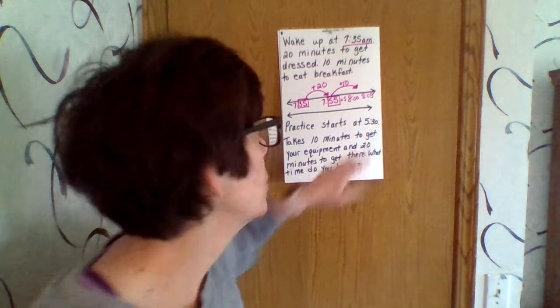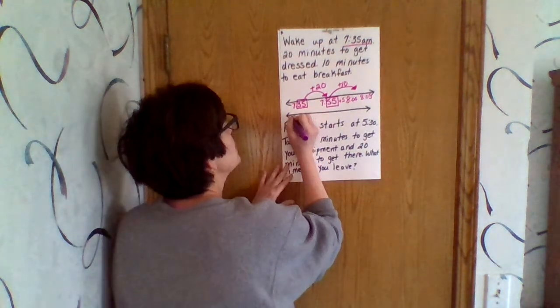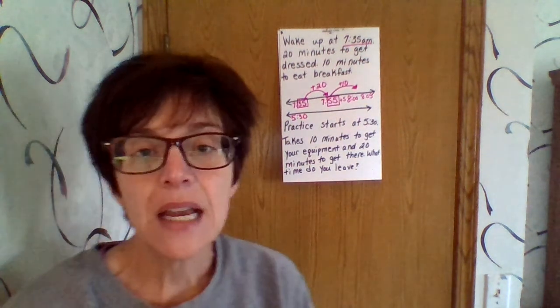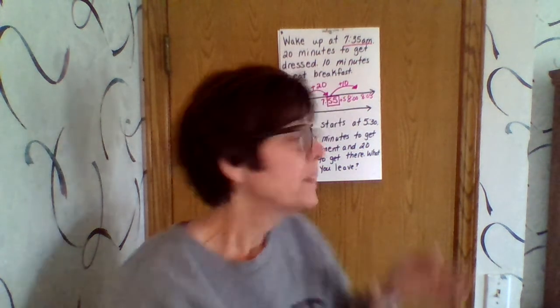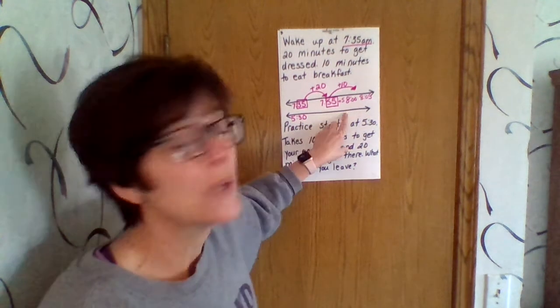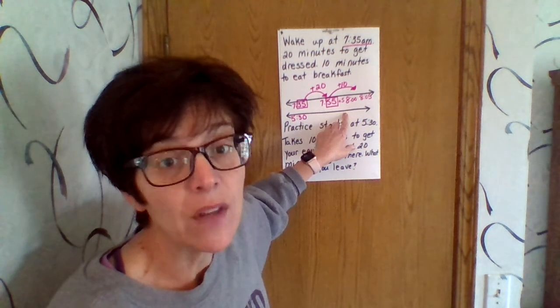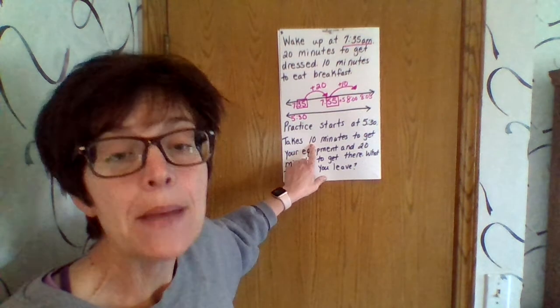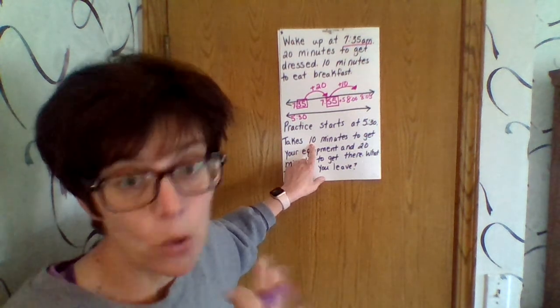All right. So again, we're going to start at 5:30, except this time, instead of adding the minutes, we need to subtract them because we need to arrive at practice at 5:30. I need to figure out what time I need to be ready to leave in the car. So the first thing I see is that it takes me 10 minutes to get my equipment together.